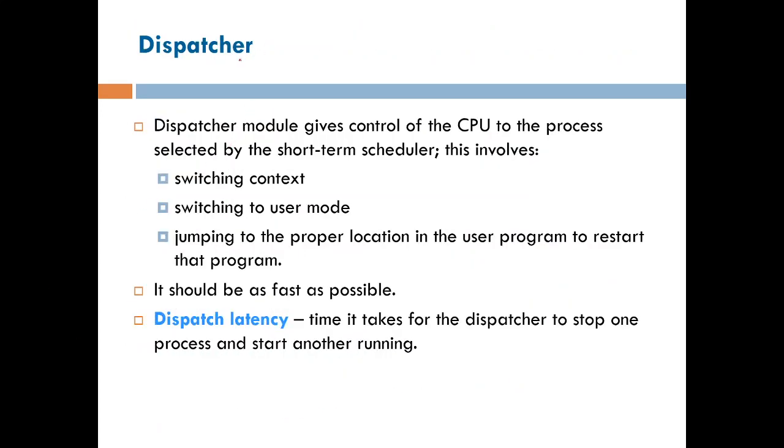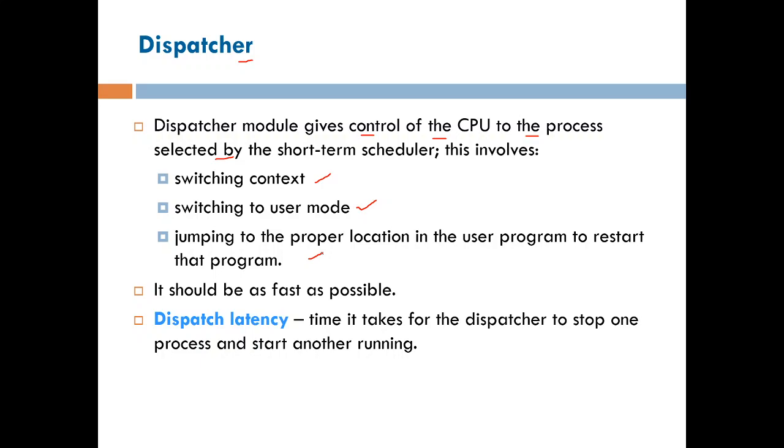Now let us discuss the dispatcher. The dispatcher is a module which gives control of the CPU to the process selected by the short-term scheduler. That means we switch from one process to another. It may involve a context switch, switching to user mode, or jumping to the proper location in the user program in order to restart the program.